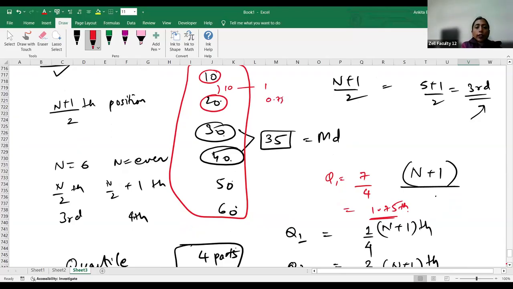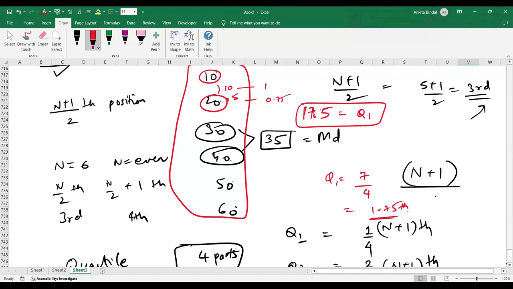So 0.75 will be represented by 7.5 points. So basically 17.5 will be my Q1. Would you agree? 17.5 will be the Q1.